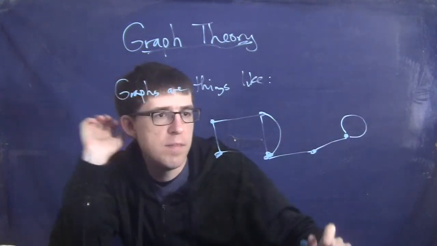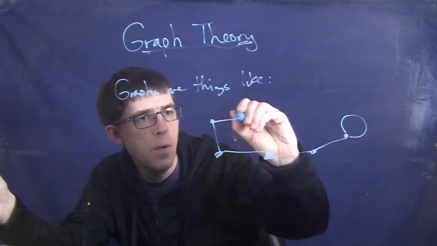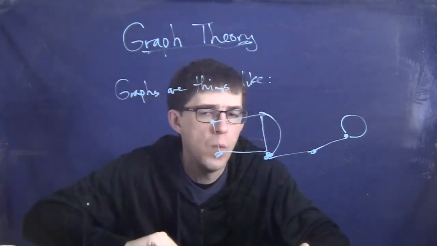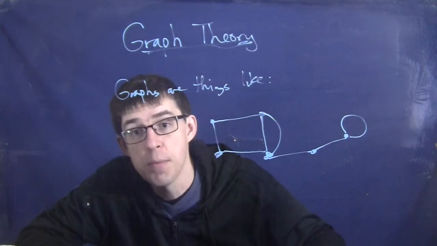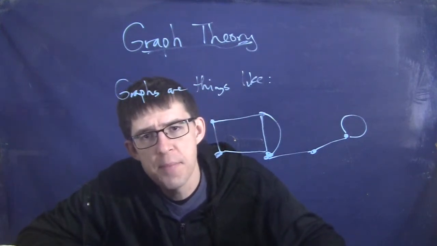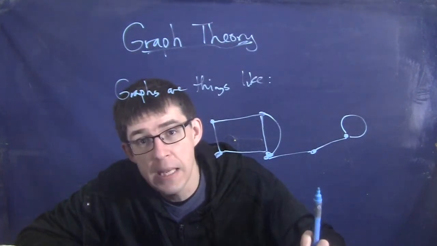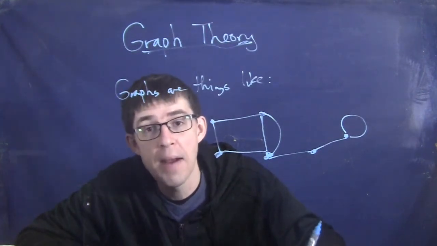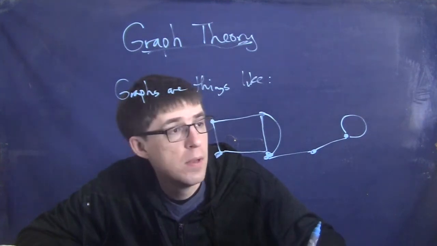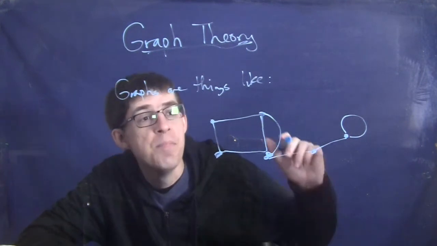This is an example of a graph. I just want to talk about some basic terminology about graphs, and then we're also going to talk about why mathematicians care about graphs. It turns out there are many applications of graphs in the real world, and so we're going to talk about some such things.